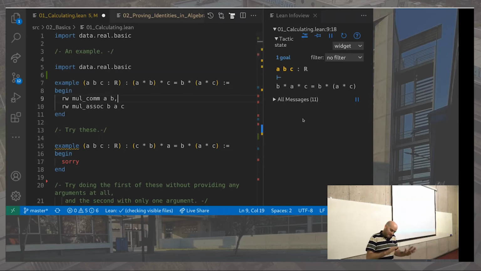I know it doesn't look very interesting, but still it worked. Now this is not finished yet, because the left-hand side is associated to the left.